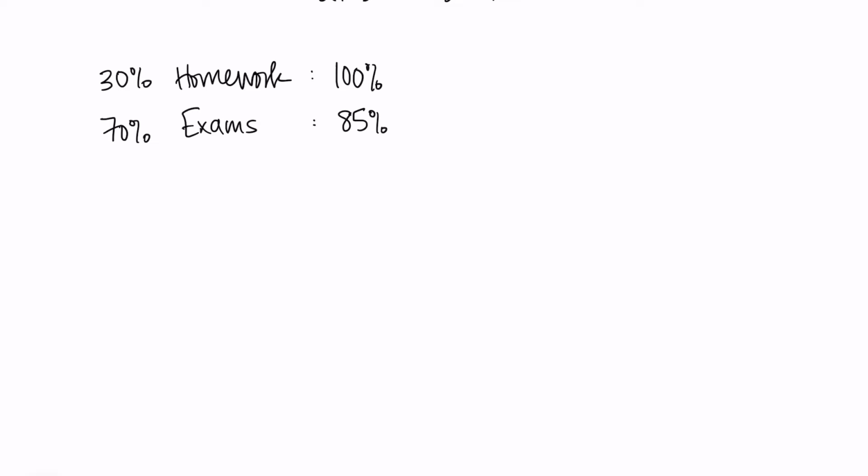And now you want to know what's my grade in the class. So you take your score, 100%, and you multiply by 0.3 for your homework, and you take your score for your exams, 85%, and you multiply by 0.7 for your exams.